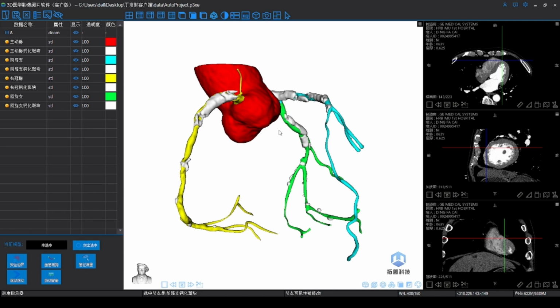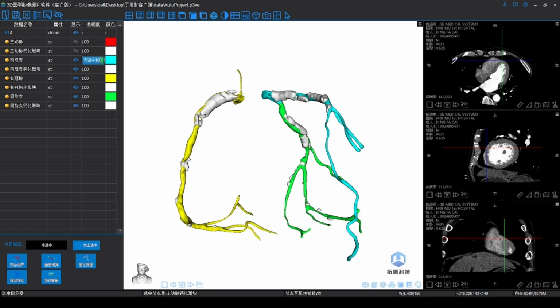Just like the audience online asked in the previous case by Professor Li Yue, we think the unique technique of the intelligent visualization system for coronary CT angiography will be a useful method, or weapon, for complex PCI. Now we have the calcified plaque in the LAD, and we can see this is a really severe calcification in both the right coronary artery and the left coronary artery, but the lumen in the right coronary artery is enough.